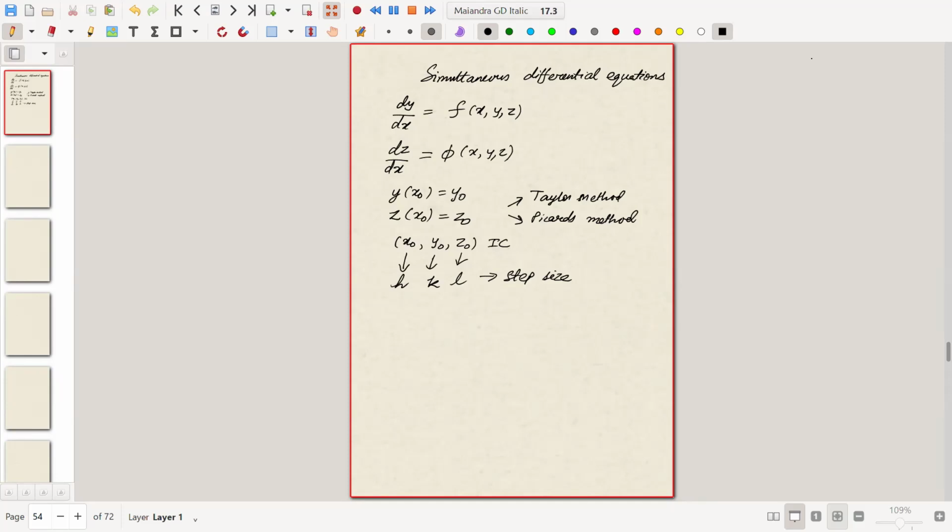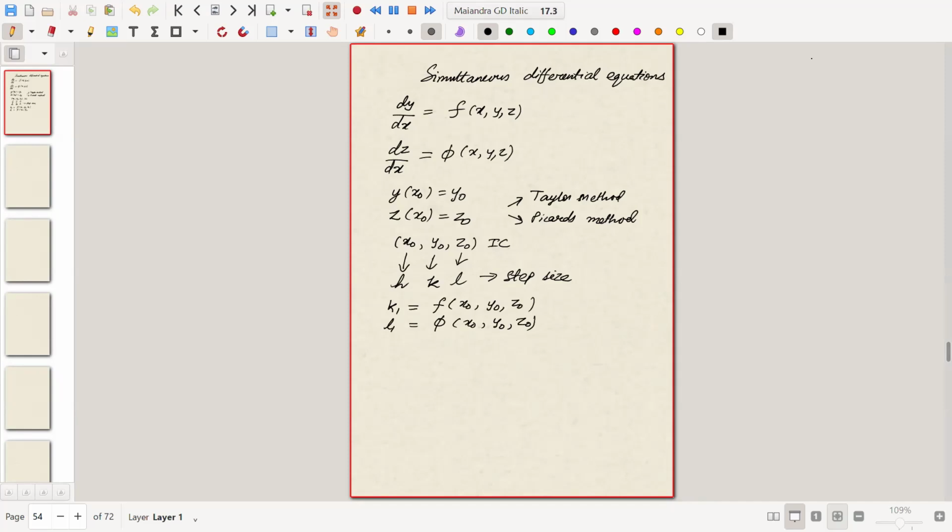Now your second equation will also have some similar sort of variables. We can't call them the same k i's, so we can call them something else. Up to you. I will call them L1, L2, L3, L4. Now I'm going to write it here. So K1 will be, as for your RK4, f evaluated at those initial conditions, and L1 is phi evaluated at the initial conditions.